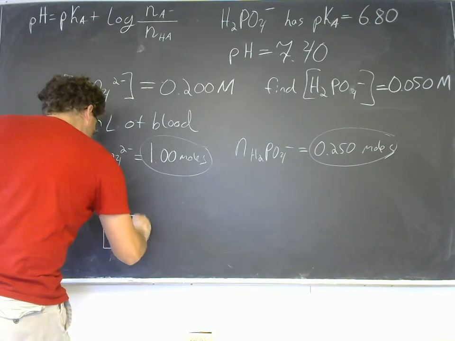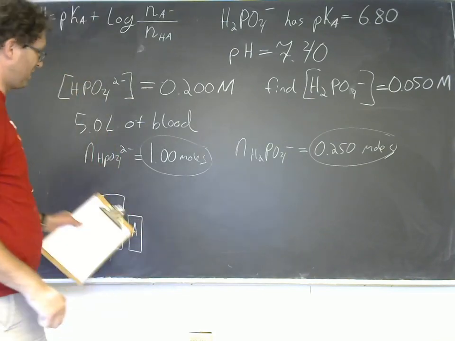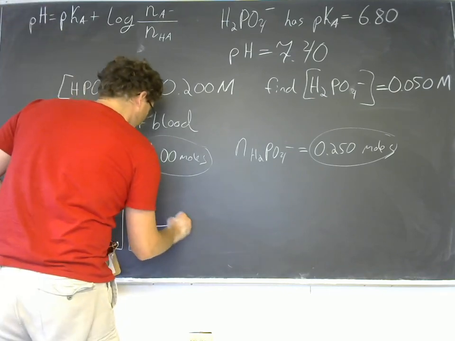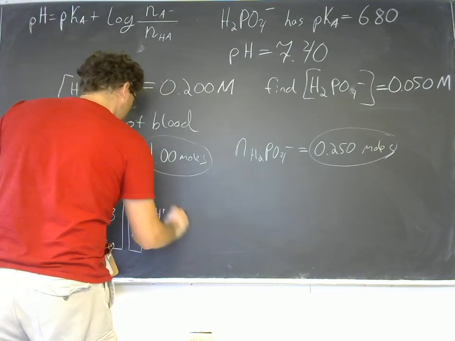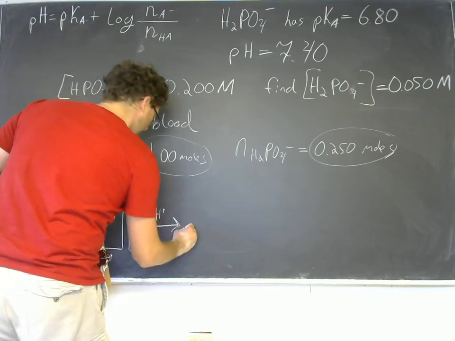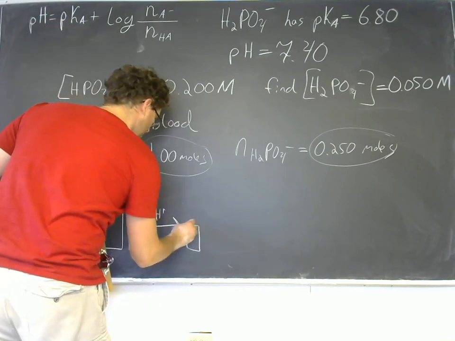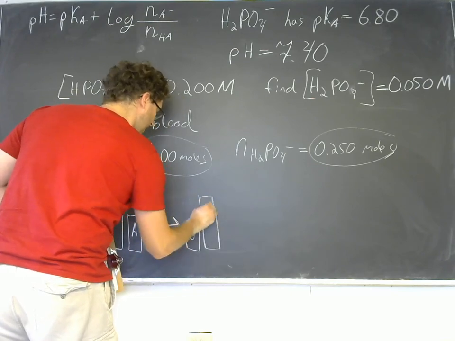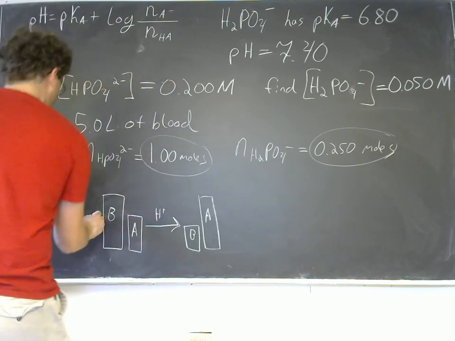This is the base and here's the acid. Those aren't actually very accurate to scale, but if I add H+, then the amount of base is going to go down, and the amount of that conjugate acid is going to go up.